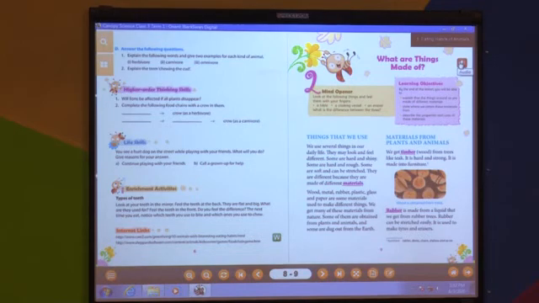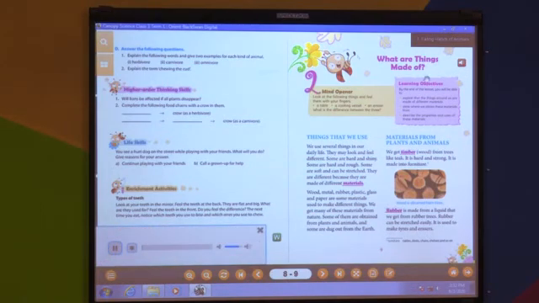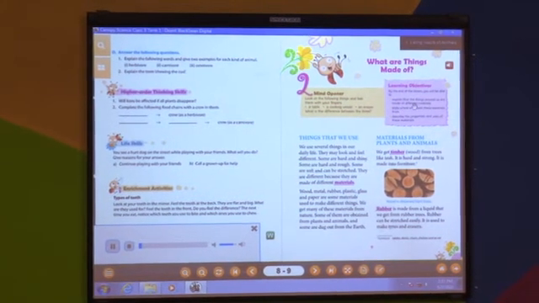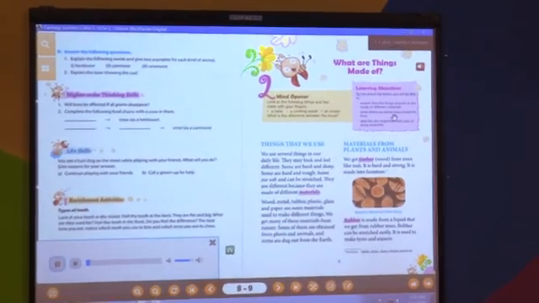See the second chapter. Now what you will do? You will keep your finger on each and every word. What are things made of? Learning objectives. By the end of the lesson, you will be able to explain that the things around us are made of different materials.